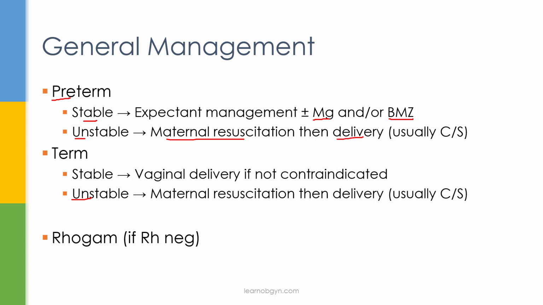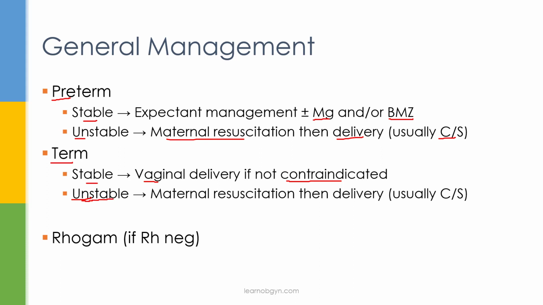Usually because this is an urgent delivery, it's typically done by C-section. If the patient is term and stable, you can consider inducing them via vaginal delivery as long as it's not contraindicated. However, oftentimes the condition itself that's causing the bleeding could be a contraindication to a vaginal delivery. And there could also be other contraindications, for example, breech presentation.